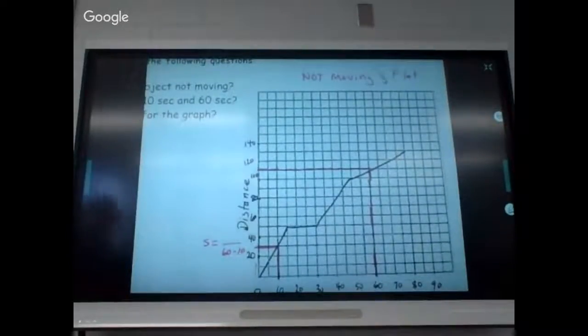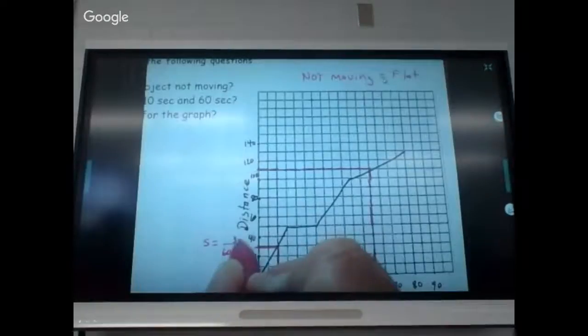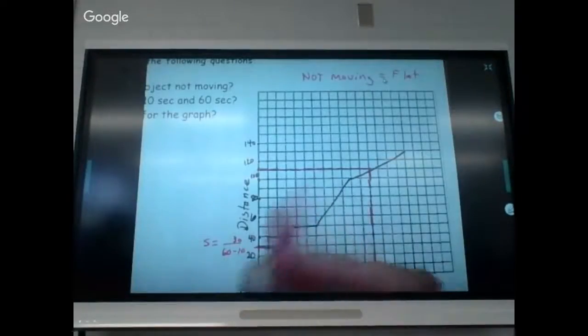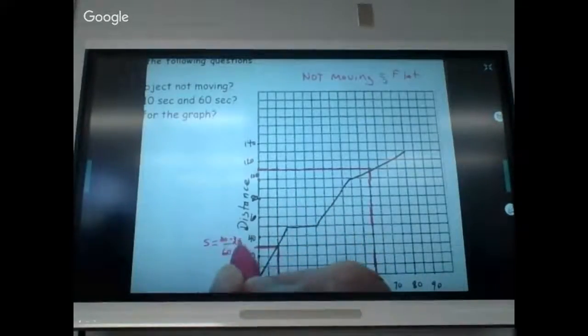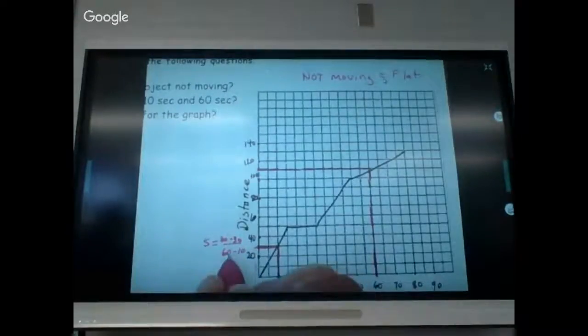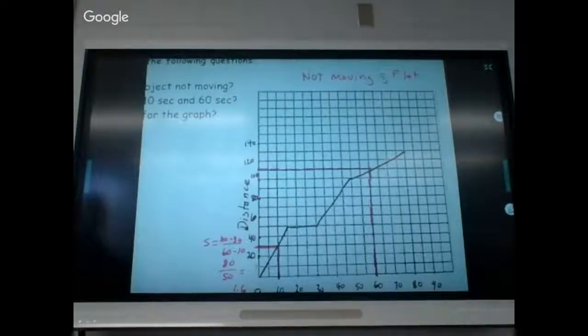All right, so I hear 30. And what did you say that other one was? 110. Okay, so 110 minus 30 is what? 80 over 50, and 80 over 50 is what? 1 point what? 1.6? That seems kind of high for 80 over 50.